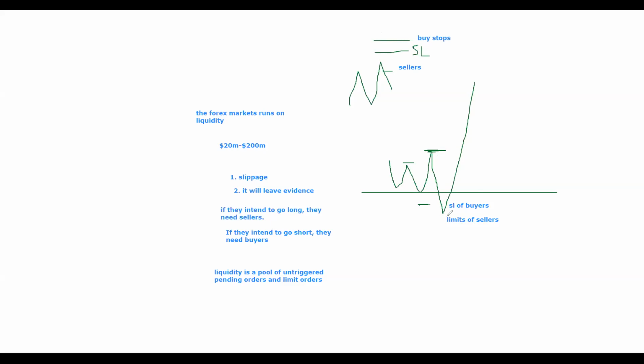Once that is triggered, price moves in the opposite direction. So if they intend to go long, they need sellers. If they intend to go short, they need buyers.